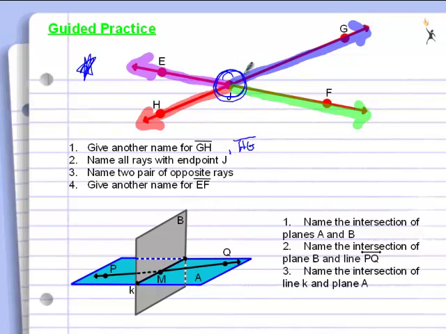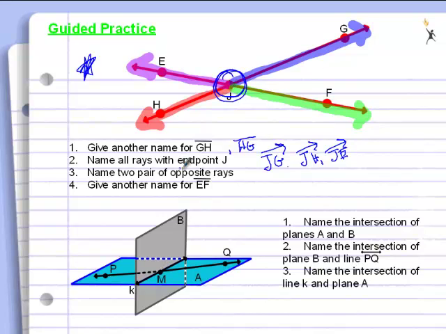So for example, ray JG starts at J and goes through G forever. Doesn't stop. Just like JH starts at J and goes on in that direction forever. JE goes in that direction forever, but it starts at J. J is the endpoint.